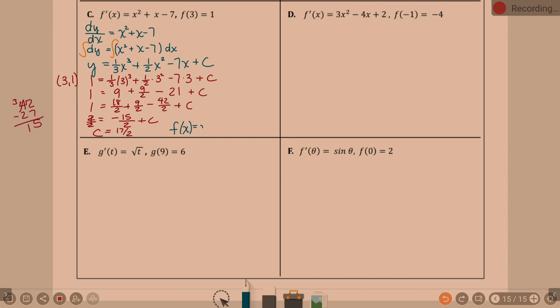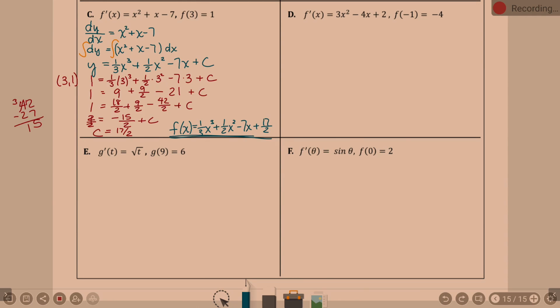Where's my equation? There we go. 1/3 x cubed plus 1/2 x squared minus 7x plus 17/2. See, there's your challenge. Don't grab for the calculator. That's real challenge. And that's part of the reason we started the year off with little calculator usage, right?